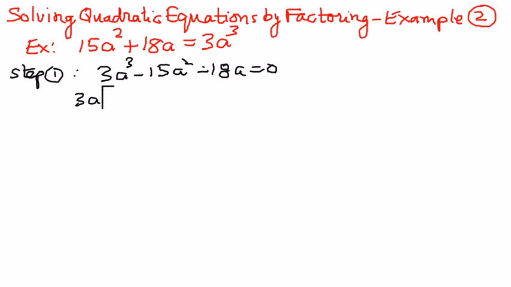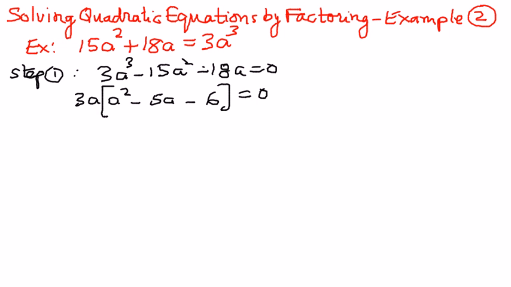So I'm going to pull out 3a as common, and what is left inside the brackets is a squared. 3a times a squared is 3a cubed, minus 3 times 5 is 15, so 3a times negative 5a is negative 15a squared, and then minus 6 times 3 is 18, and that is equal to 0.